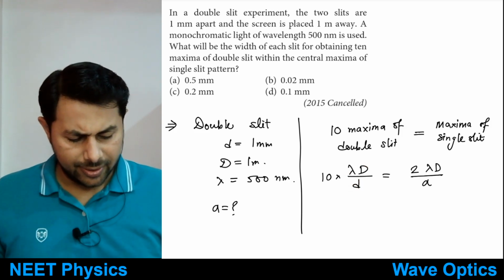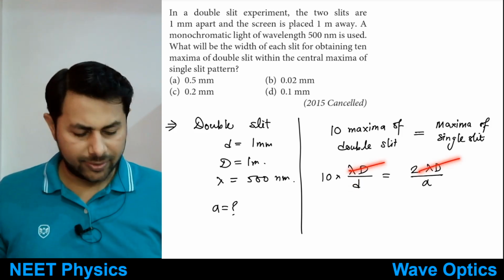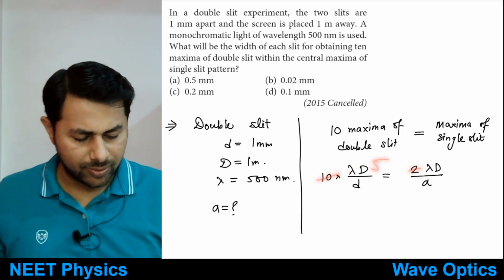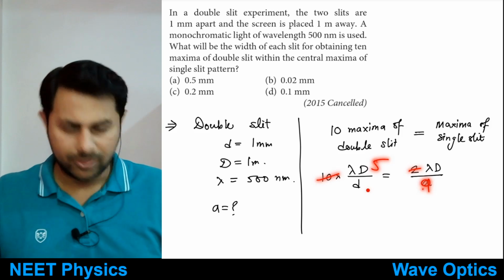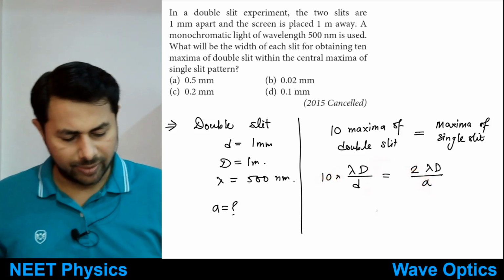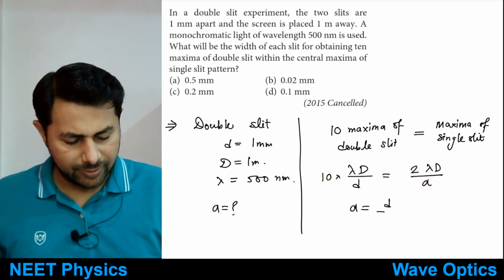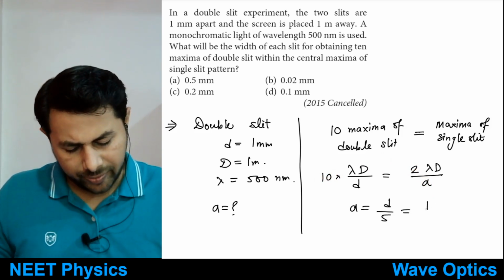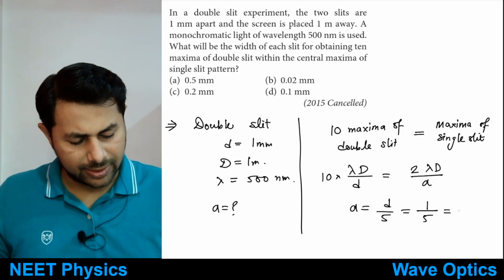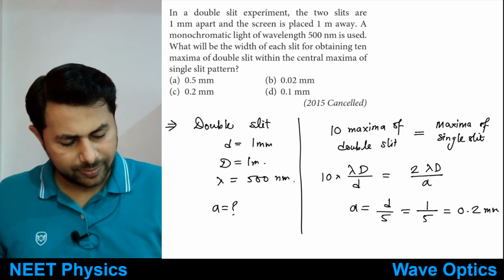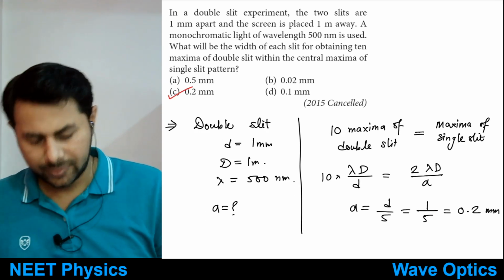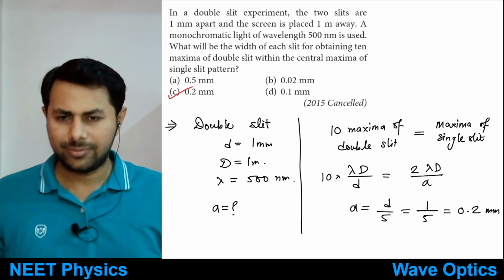So lambda D and lambda D get cancelled out. Then 10 by 2 is 5. If we take the reciprocal, a is equal to d by 5. d is 1 mm, so 1 divided by 5 is 0.2 mm, correct. So that's the answer. Very simple, right?